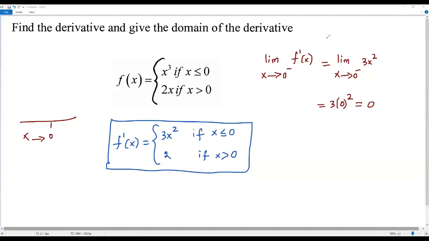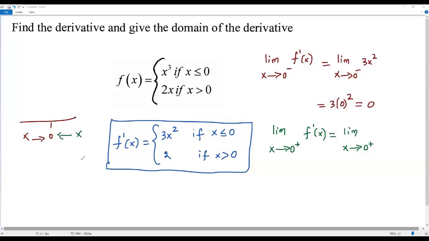Now, let's find the right side limit for f prime of x at x equal to 0. So limit x tends to 0 plus. This positive sign indicates right side limit, that is x approaches 0 from its right side.